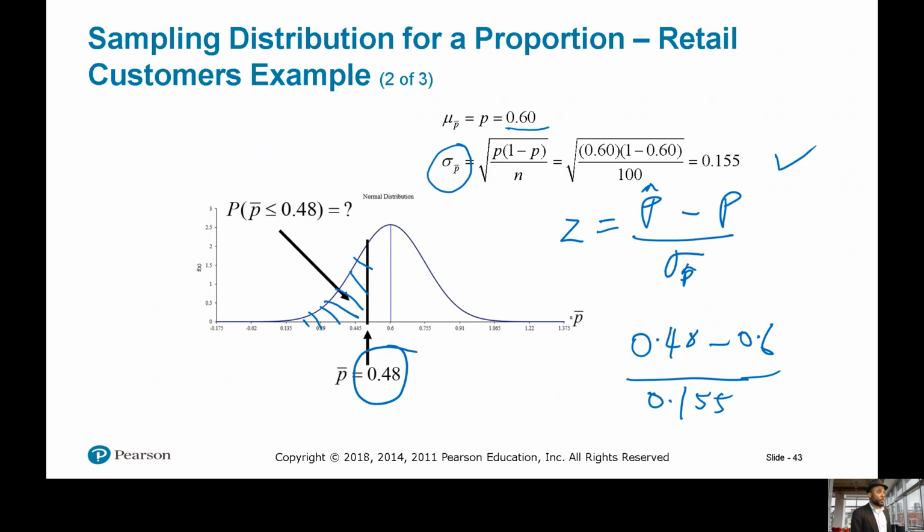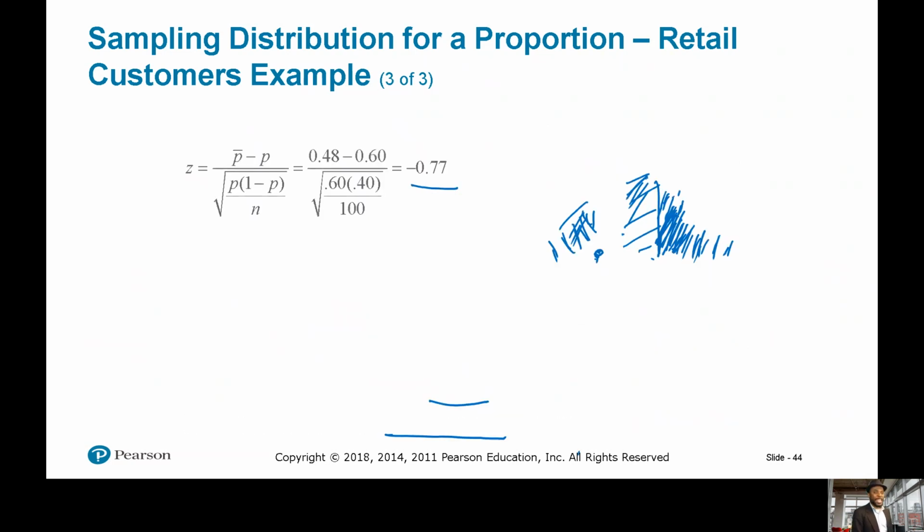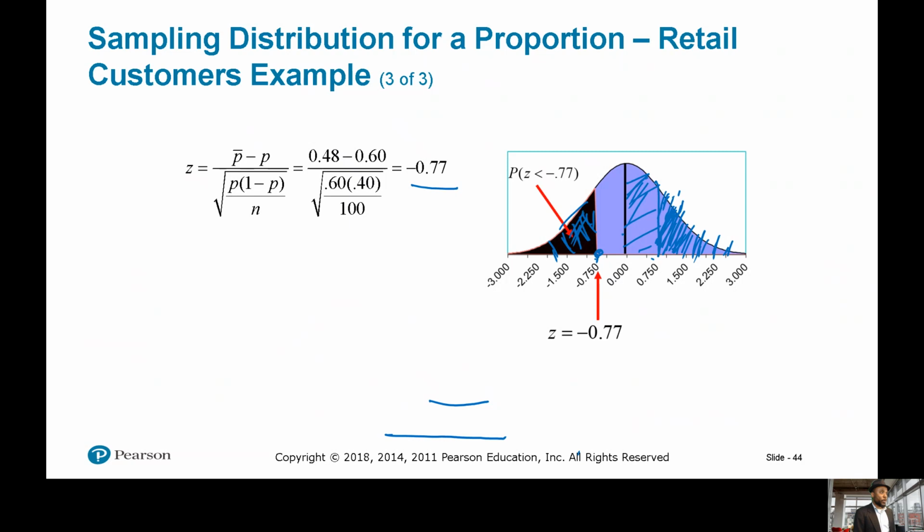However, to solve for that, we first start by finding z. So z is p hat minus p over the standard error, and that will be 0.48 minus 0.6 divided by the standard error, which we have computed right here as 0.155. And that gives us a z value of negative 0.77. That way, now we know that what we are looking for is the probability that z is less than negative 0.77.